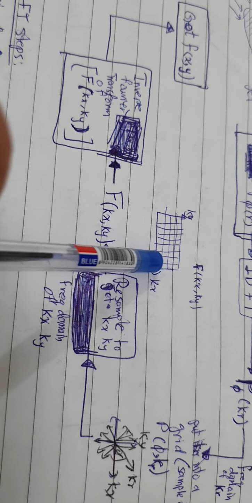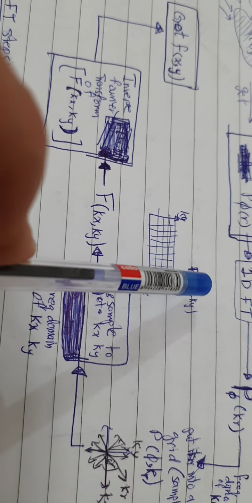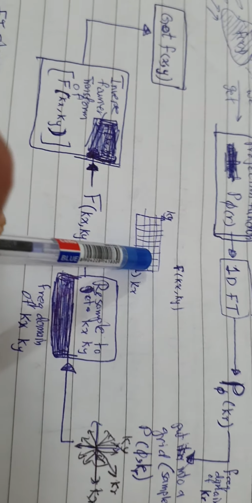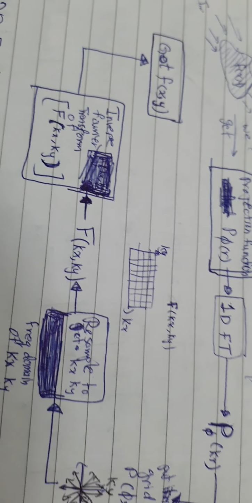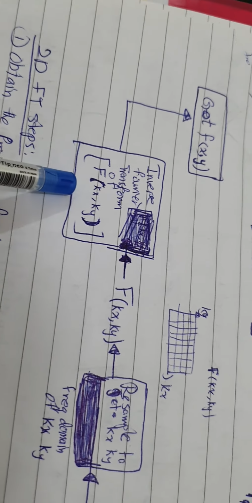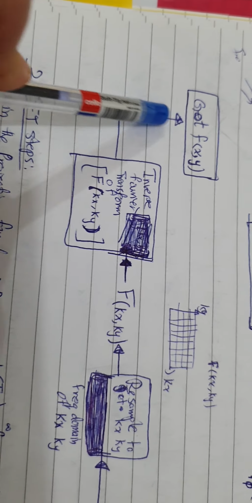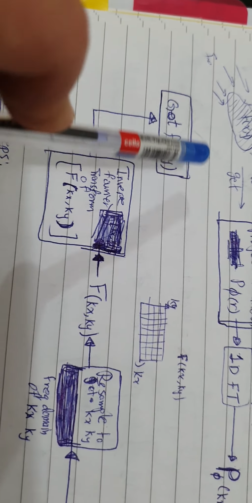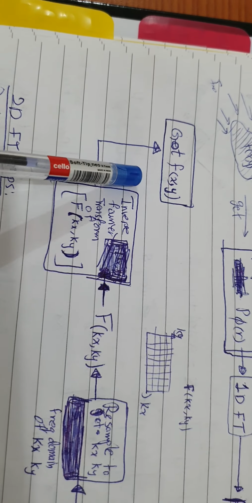This is what we have here after resampling, f of kx, ky. So after we have this, we just take the inverse Fourier transform to get our original function, or our output, which is f of x, y.